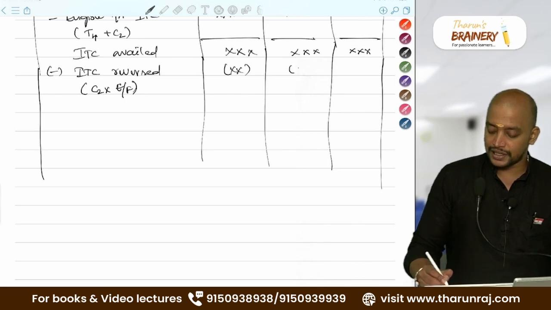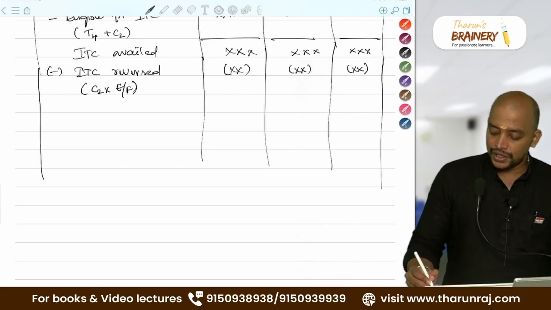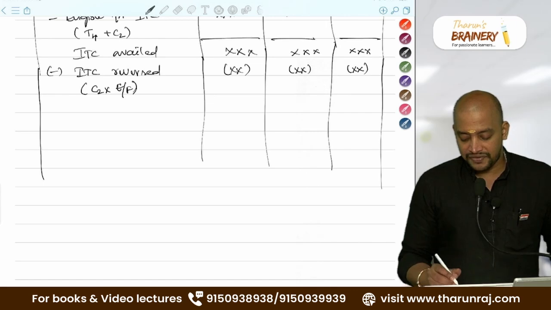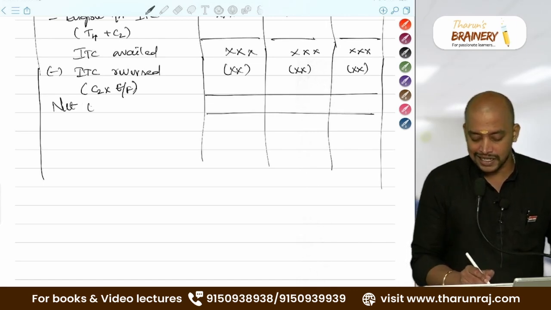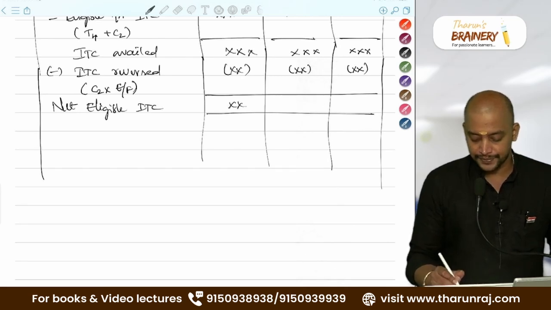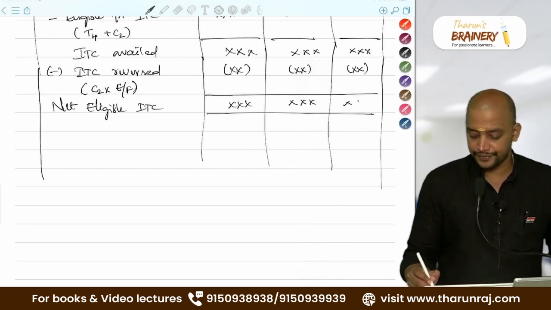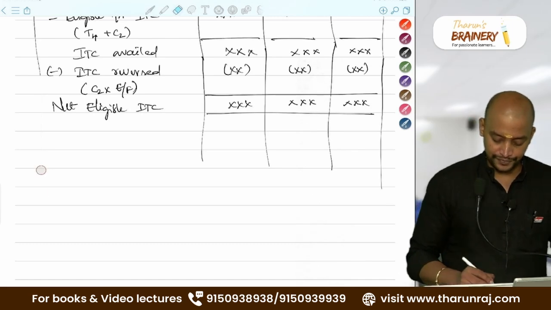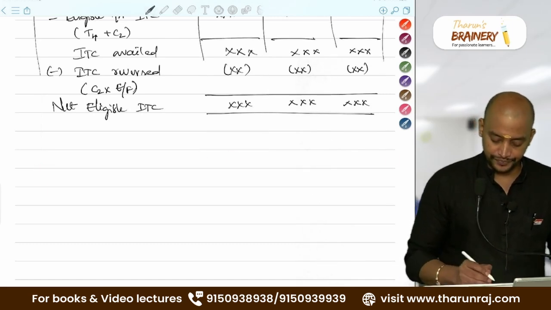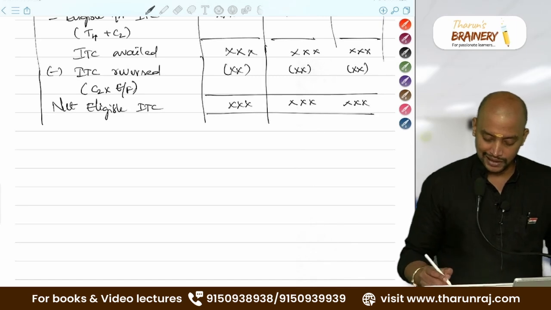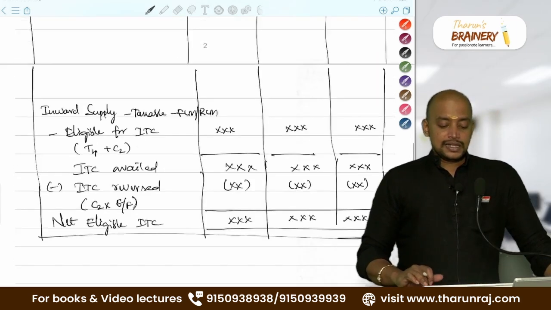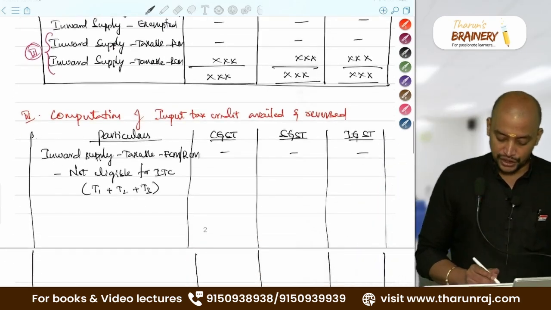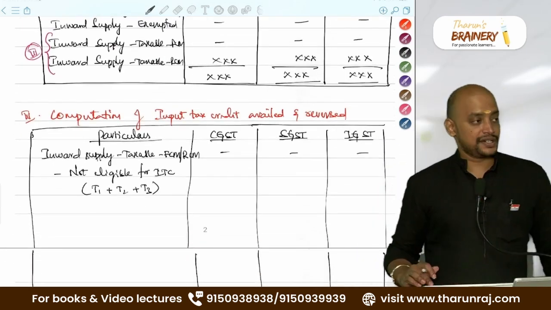So you do the reversal, and when you do the reversal, you will get the final answer as net eligible ITC. Okay, this is step 3, computation of input tax credit availed and reversed.